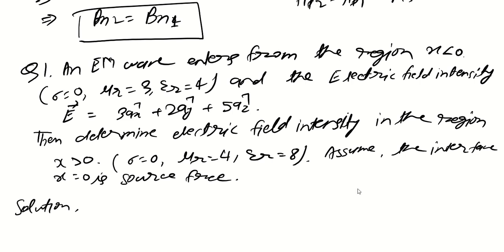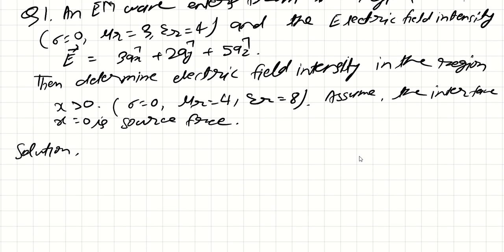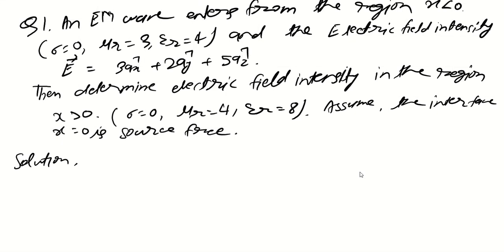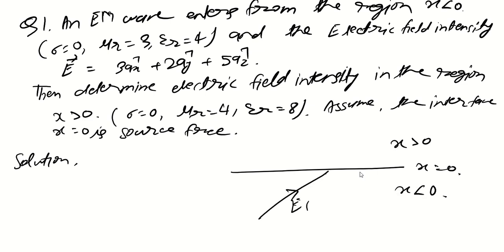We have to assume the interface x equal to 0 is source free, that is rho s is equal to 0. So suppose this is the interface, that is x equal to 0. So let's suppose x is greater than 0 on one side, x is less than 0 on the other. So this is my medium 1 where electric field E1 is there and it is going to E2, alright.